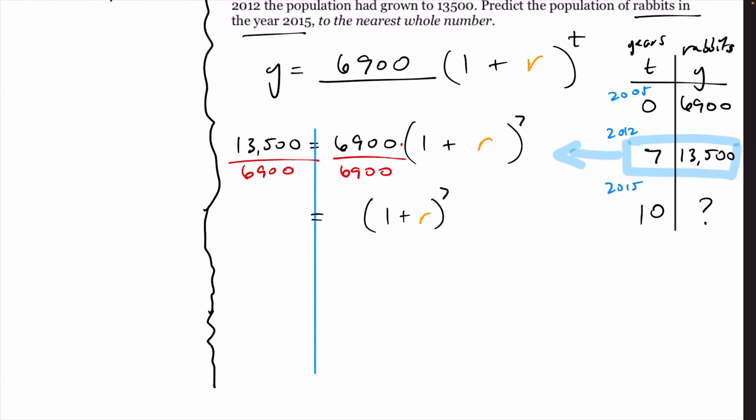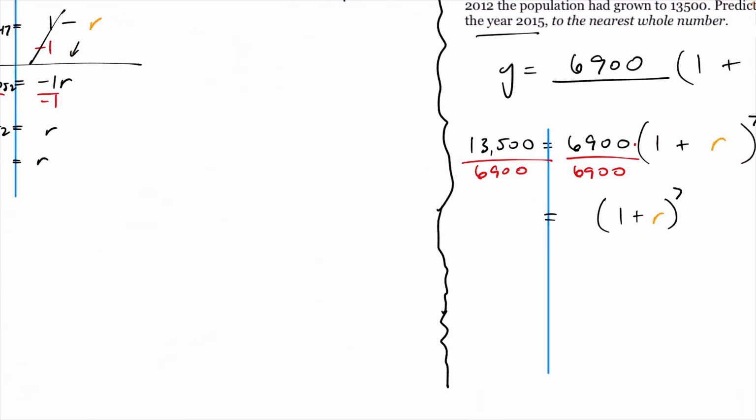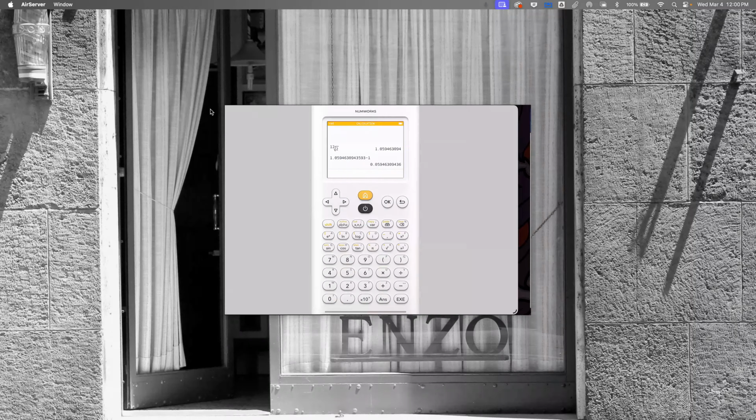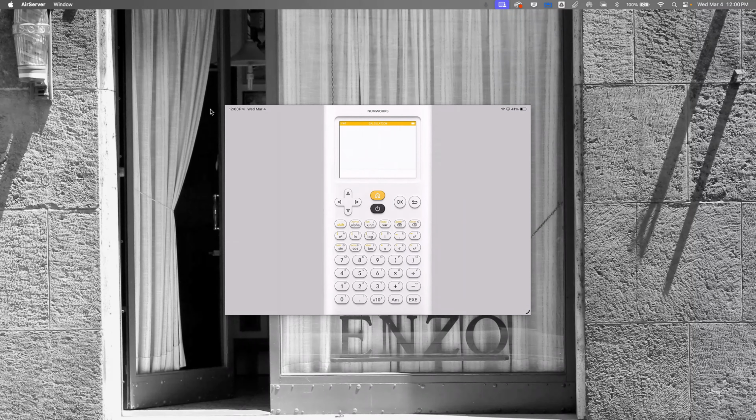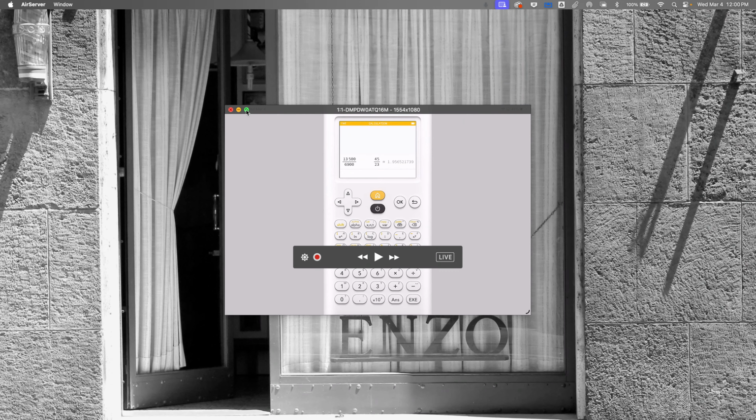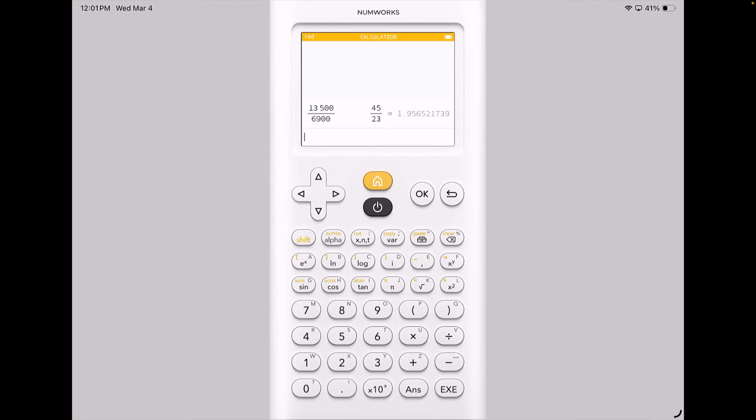So they give you two options. I think they even give you a fraction option, don't they? You can use either one because it's the same thing. So 13,500 divided by 6,900. I had students last period ask which one do you want us to use, the fraction or the long decimal? It doesn't matter to me.